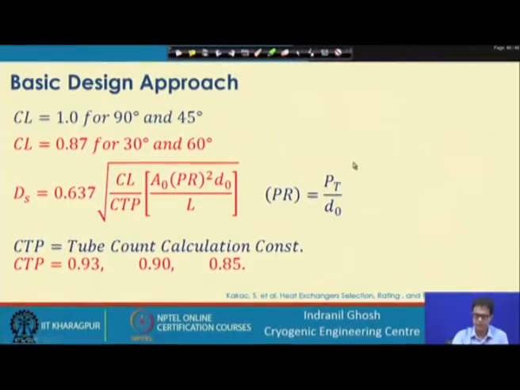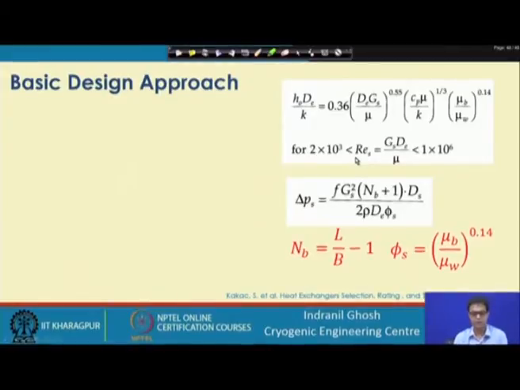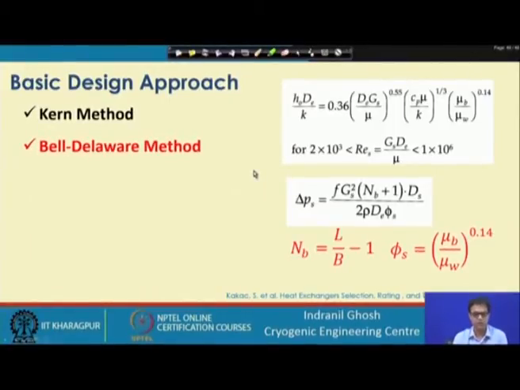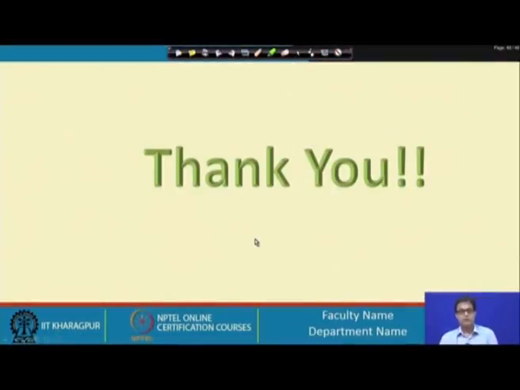Finally, once we have this known to us, we can go for either of these two types: either we use the Kern method or we use the Bell-Delaware method to calculate the actual heat transfer. So, that is all. Thank you.